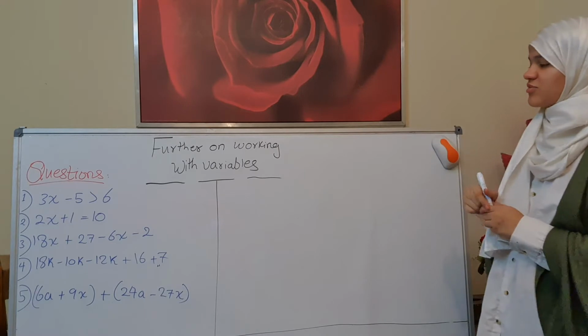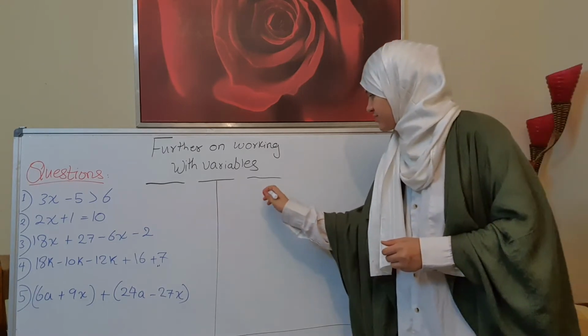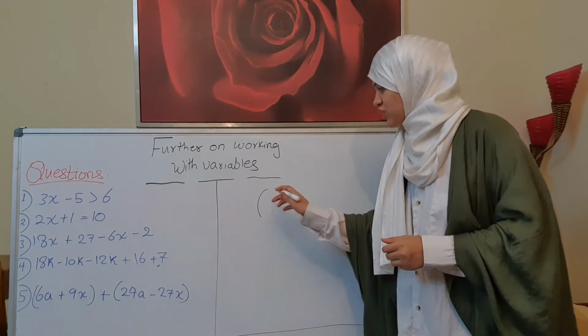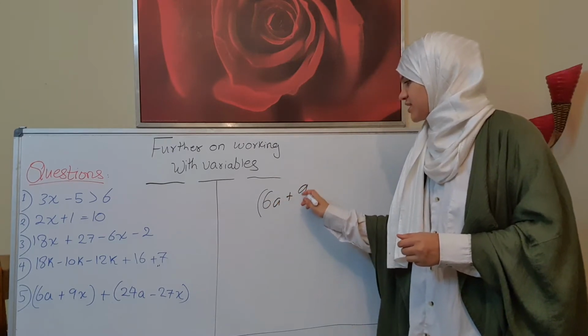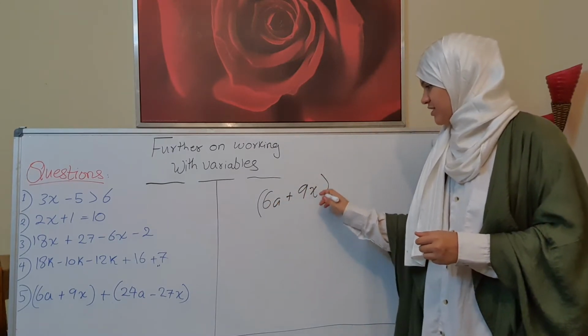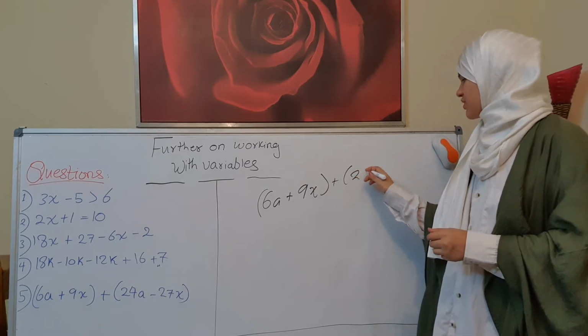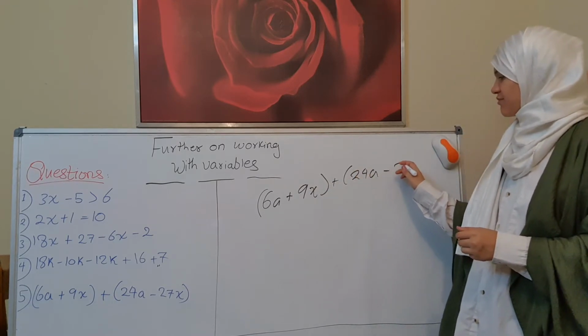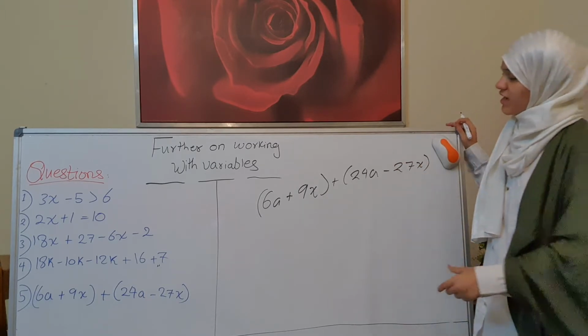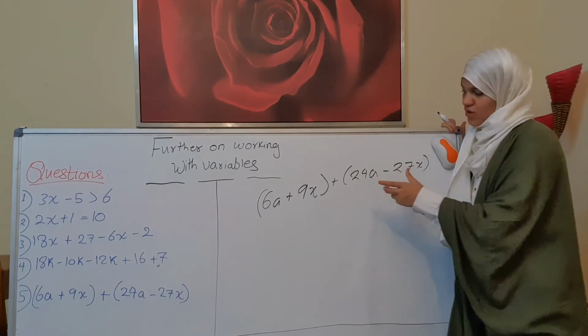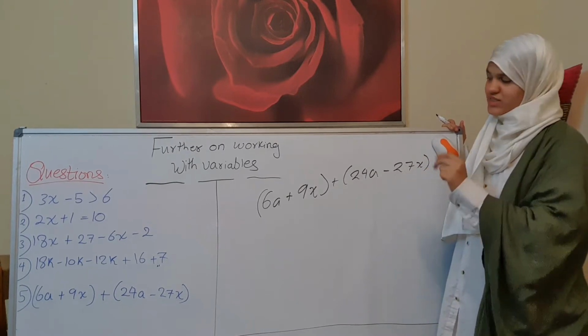Question number 5, 6a plus 9x plus 24a minus 27x. Here in this question, we will do maybe 2 or 3 things.